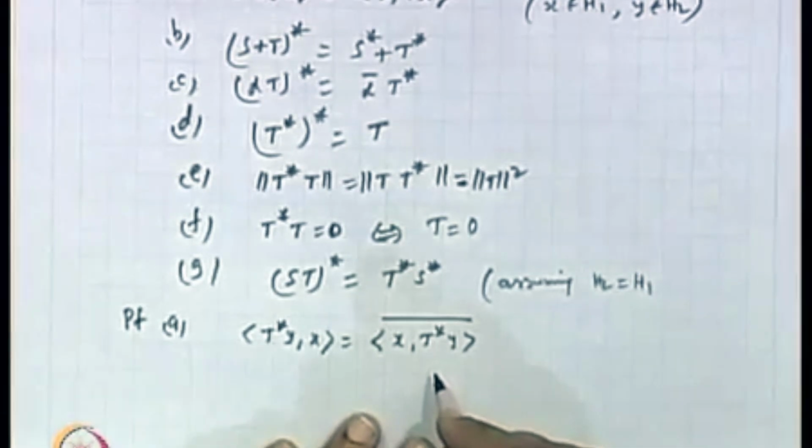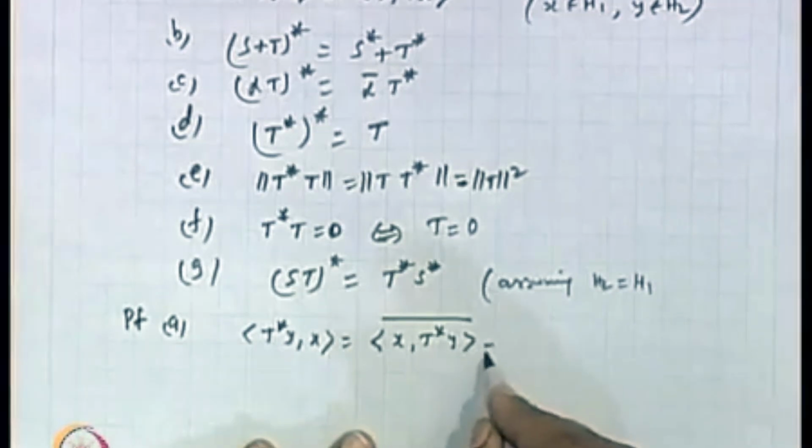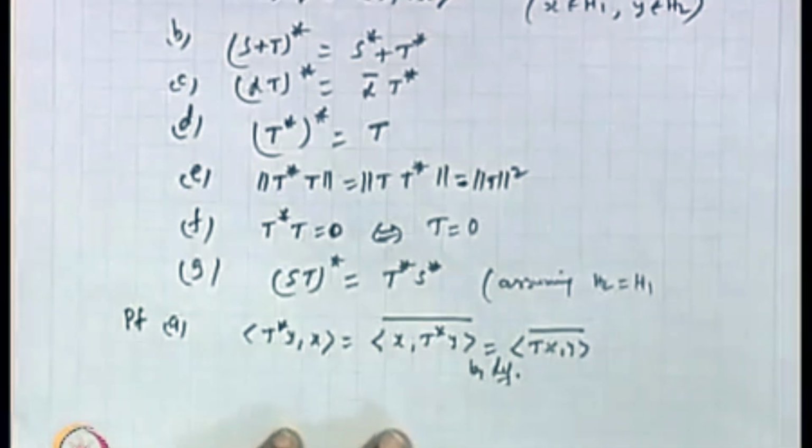Now you apply the definition of Hilbert adjoint operator. As per the Hilbert adjoint operator, the inner product of Tx comma y is equal to x comma T star y. So this will give Tx comma y by definition. Okay, but the conjugate again gives you y comma Tx. So this proves that. Clear?